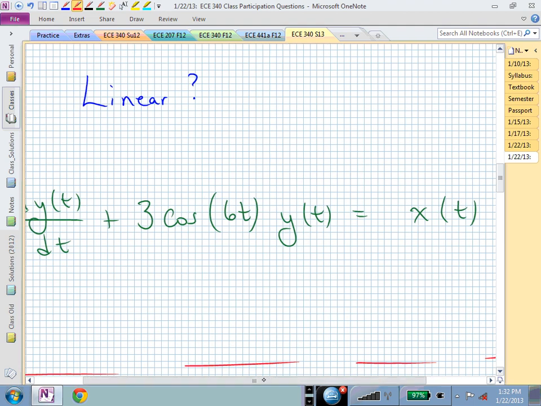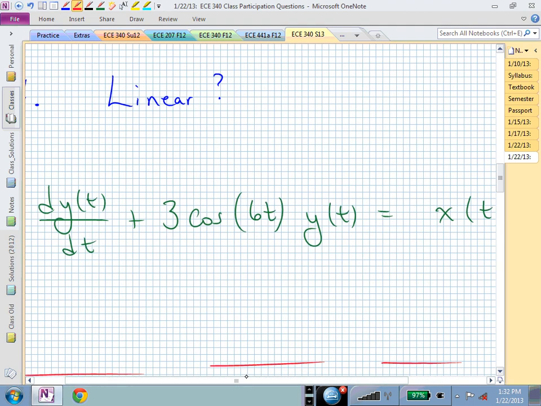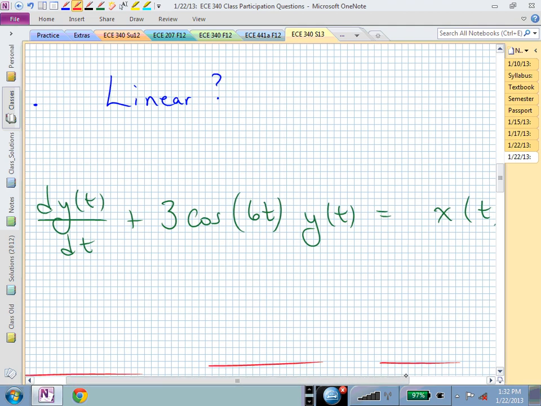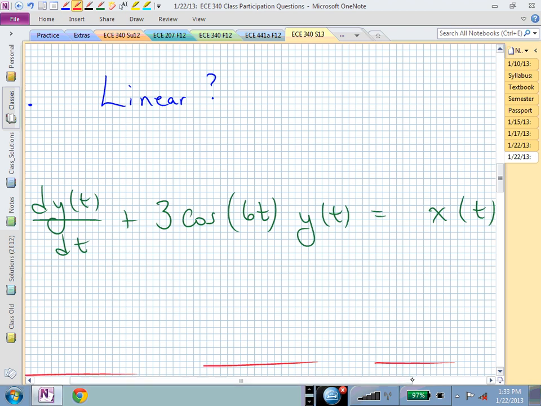Now this one, is this system linear? Is this system linear or nonlinear? What do we think? I've heard some linears.